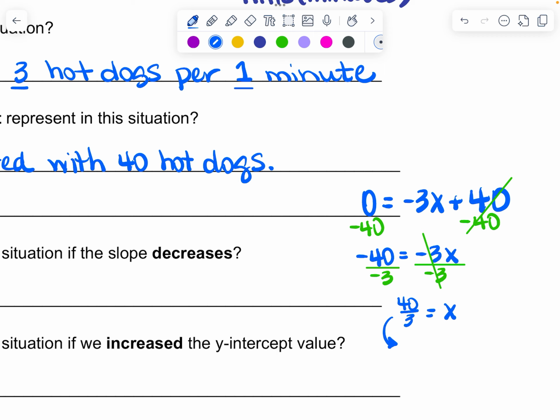So in actuality, I'm going to write that as 13 and a third minutes, which I would never usually tell you to write as a mixed number. But it's 13 full minutes and then a third of a minute, which is 13 minutes and 20 seconds, because a third of a minute is 20 seconds.